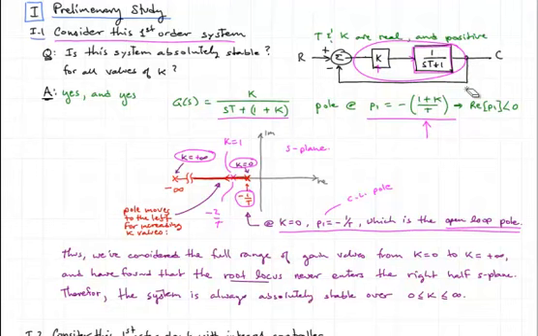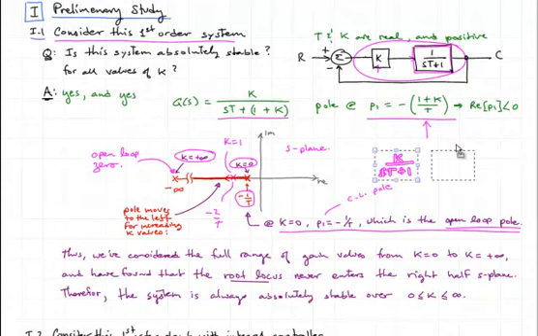And this is actually our open loop zero. Now, you may not recognize that at this point, because you would say, well, now wait a minute. If our open loop transfer function is K over sT plus 1, where is our open loop zero?